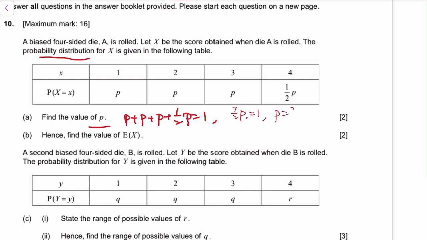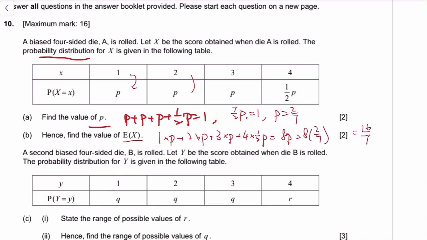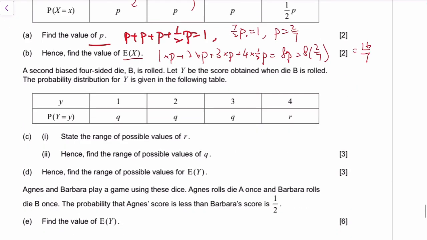So P is 2 over 7. And then the expectation is just this times this, but this times this, and so on. So 1 times P plus 2 times P plus 3 times P plus 4 times half P. So that's like 8P. But P is 2 over 7. So 16 over 7. So again, it's shared with SL. Super easy.